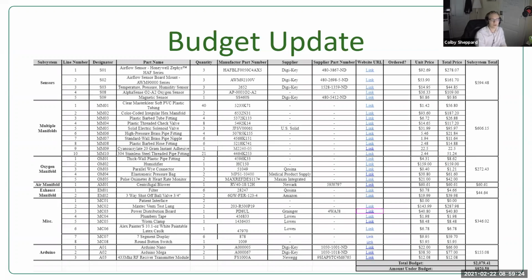So we're hoping that the remaining 920 will be enough to add in a 3rd patient once we're done testing with 2, but we're going to have to see later on once we get to that point.